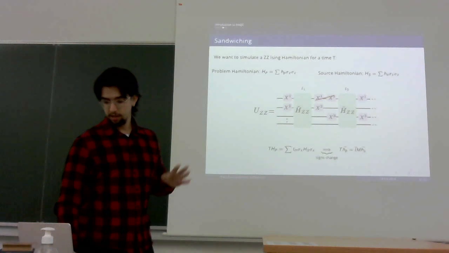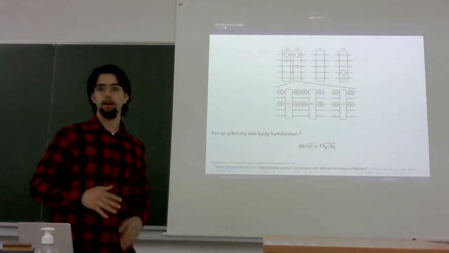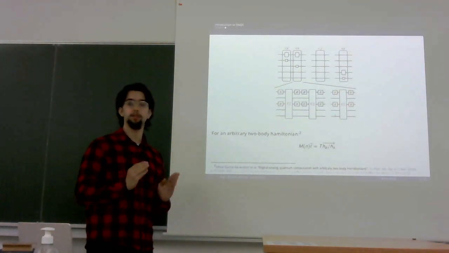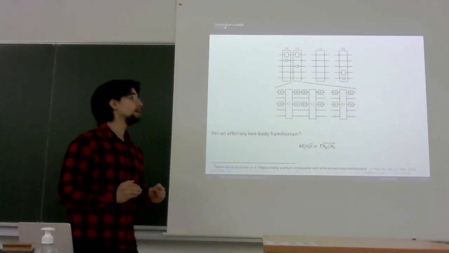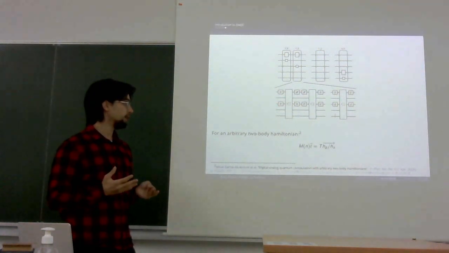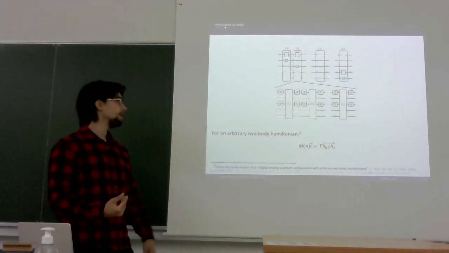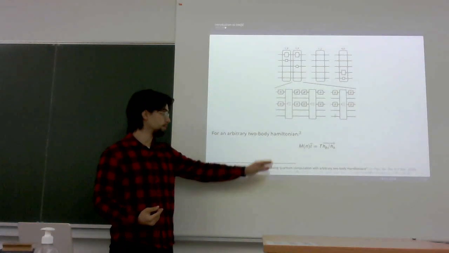For a more general problem, like an arbitrary two-body Hamiltonian, we are going to be implementing the same sandwiching structure, but now our sandwich for a different coupling is going to be composed of up to 9 different sandwiching structures with the different rotations that we are going to be implementing.